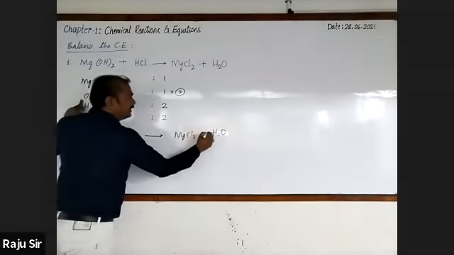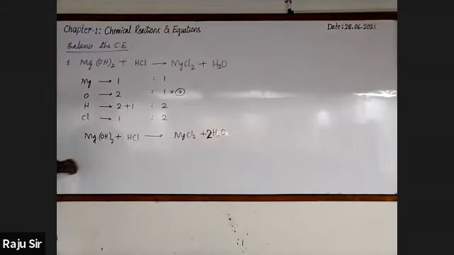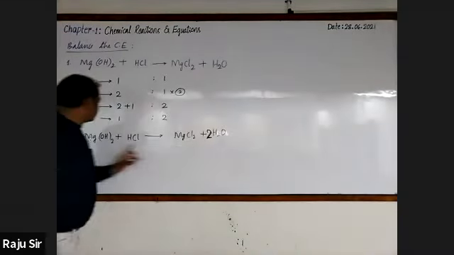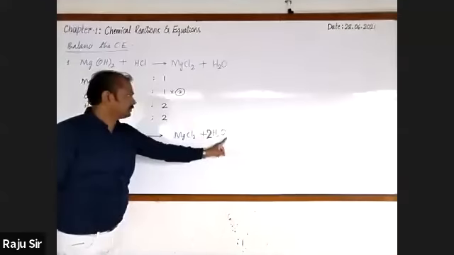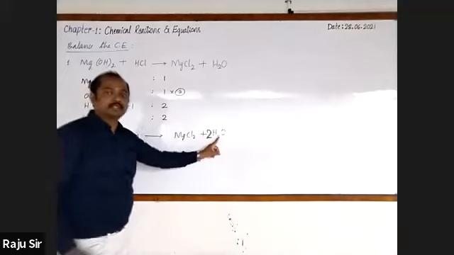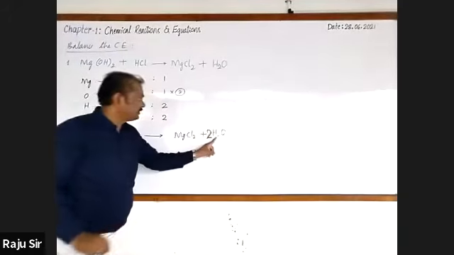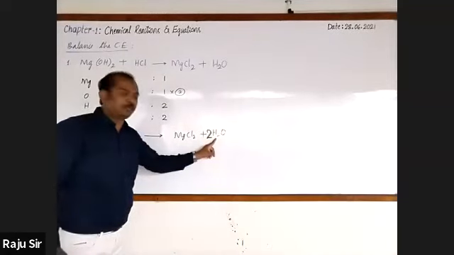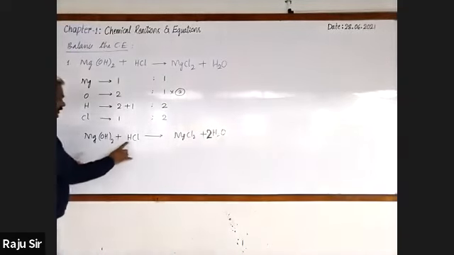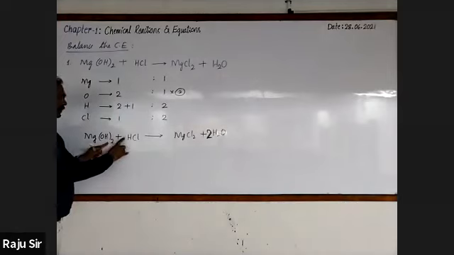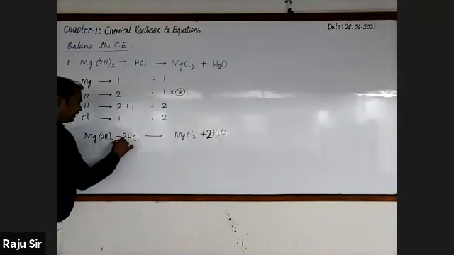Oxygen is balanced: 2 atoms here, 2 atoms here. Next is hydrogen. Here 2 twos are 4 atoms, whereas here hydrogen 2 is there. We want the remaining 2, hence I'll multiply this by 2.